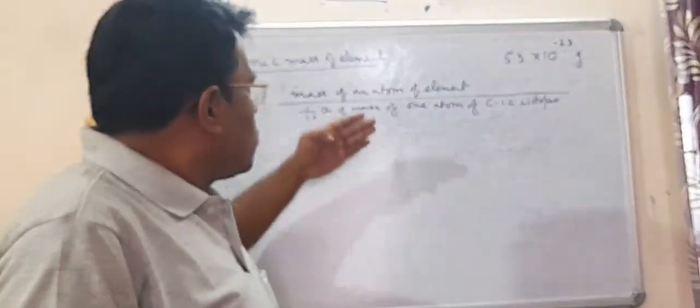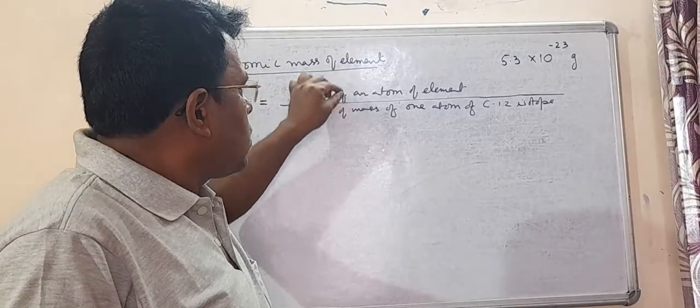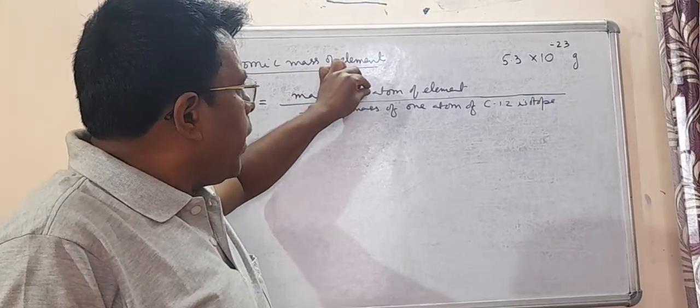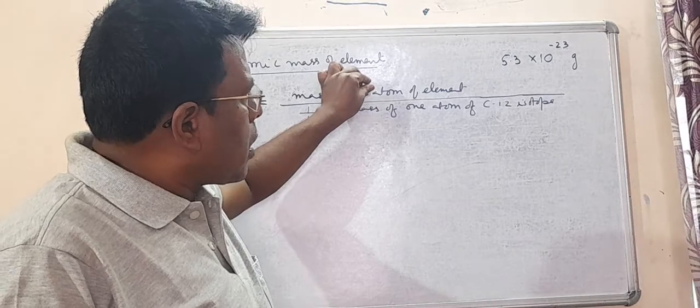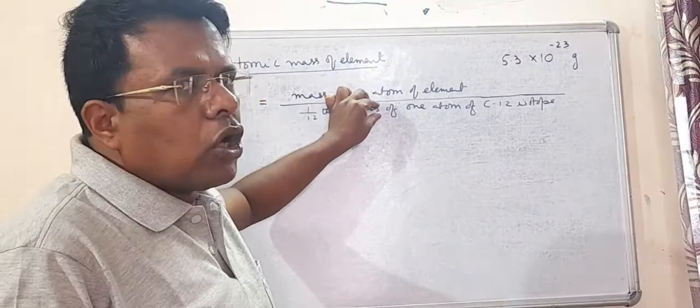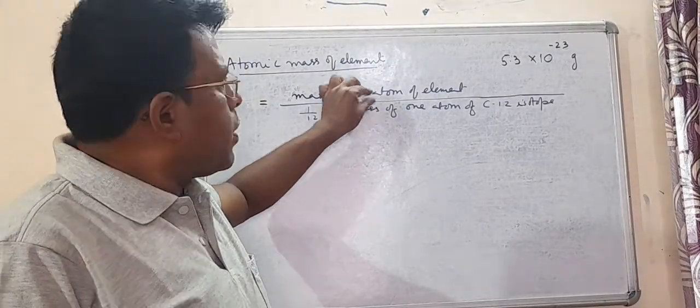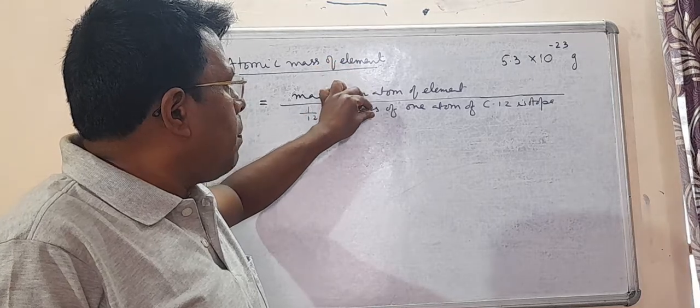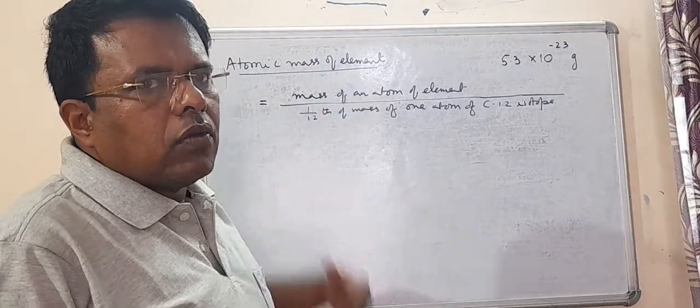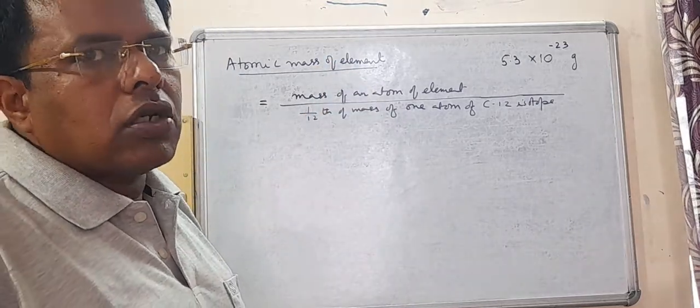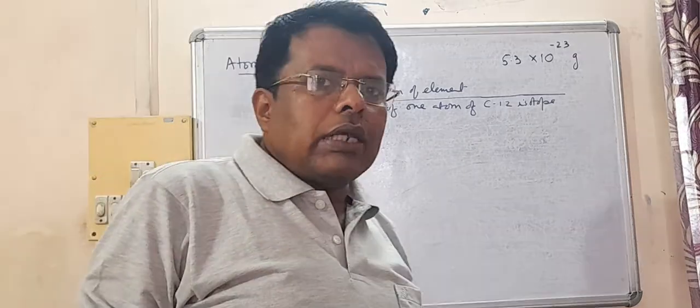What is being done is that a small quantity is compared with another small quantity. If a small quantity is compared with another small quantity, that small quantity will not look small.